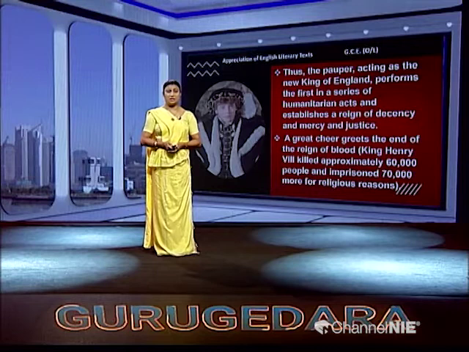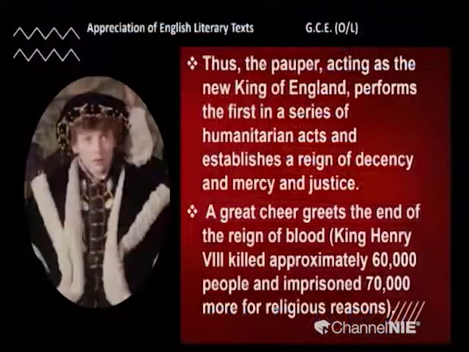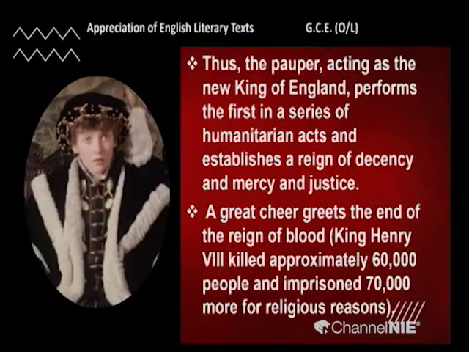A great cheer greets the end of the reign of blood. You know, King Henry VIII killed approximately 60,000 people and imprisoned 70,000 more for religious reasons. So you can understand how cruel he is.